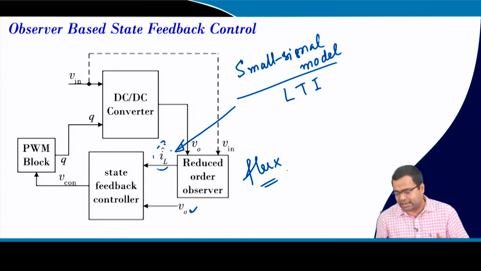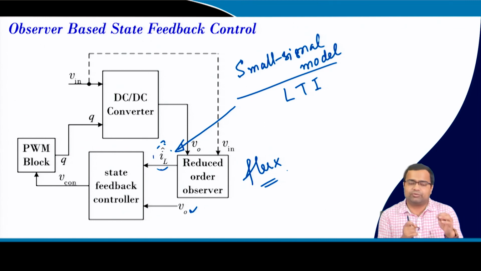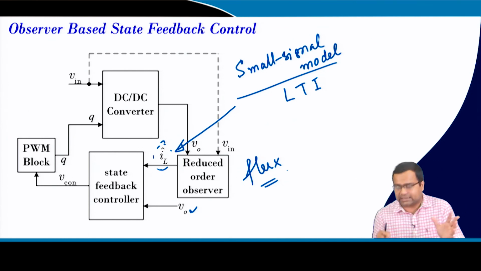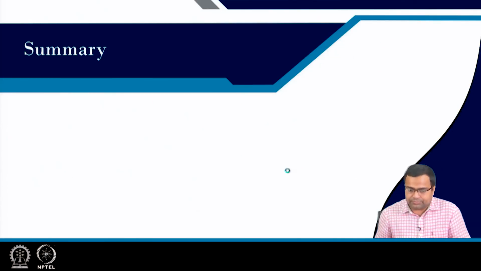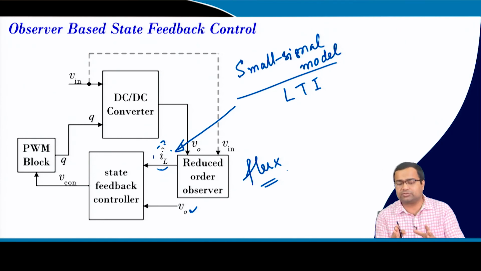So, this technique can be used for a switching converter, retaining the fast dynamics of the current loop, and we can take advantage of the current mode control feature without sensing the inductor current, because this is a switching converter. So, a linear model may not be a good choice.